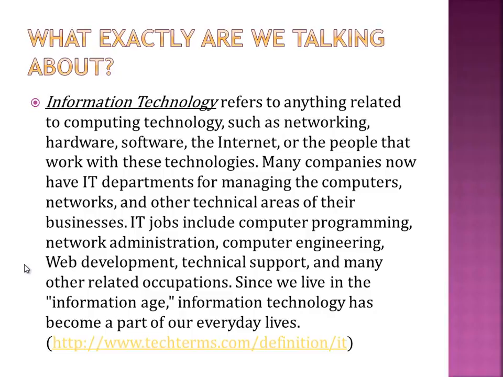It talks about the different departments within organizations that handle these sorts of things. You'll see that this is sort of a corporate, higher level concept. It's not talking about what John Doe or Susie Q does as an individual. It's talking about this technology at the macro level, if you will.